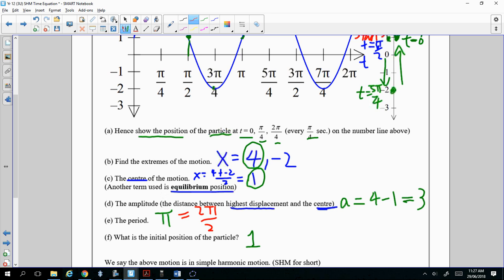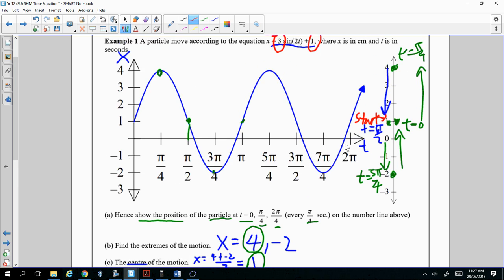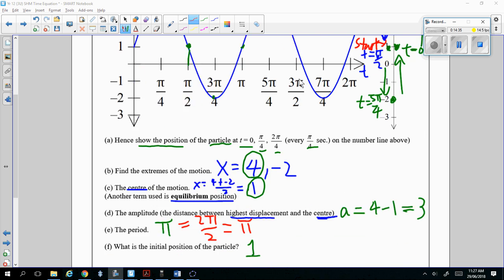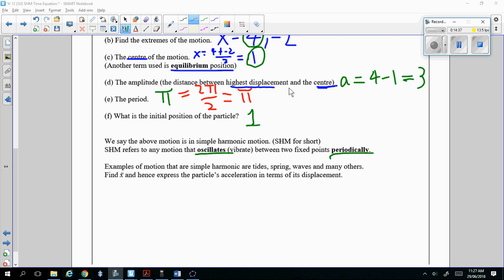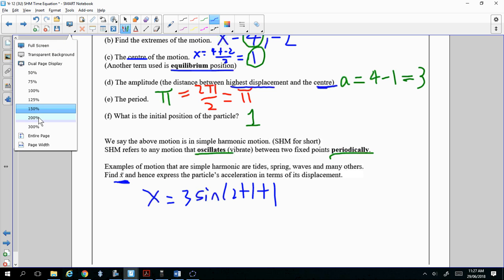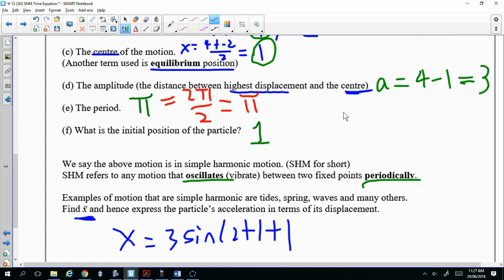All right, let's continue. Now we're going to find acceleration. We started with x equals 3 sine 2t plus 1. What we do is differentiate to find velocity, and then differentiate to find acceleration. Differentiate once, you get 6 cos 2t.